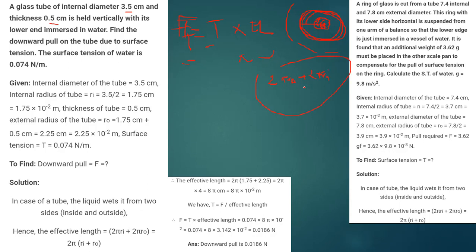Kwa hiyo ndio total length umecover ndani. Sako yake ni ndogo hii ambayo radius yake ni internal na hii ya nje radius yake ni kubwa ambayo radius yake ni external. So utaona hapa effective length is sasa 2 pi r internal plus 2 pi r ya outside. Then ukishaweka hapo effective length basi una multiply na surface tension na unapata your force due to surface tension.